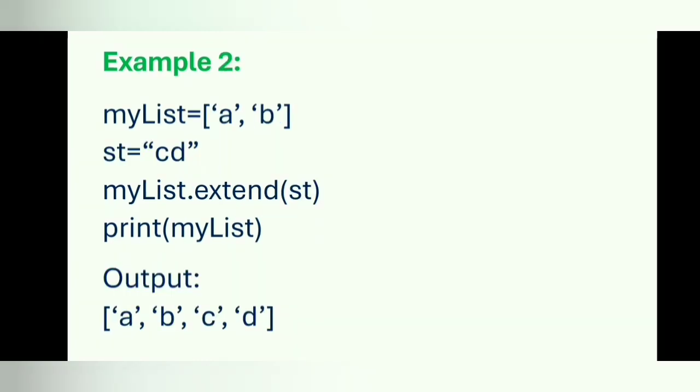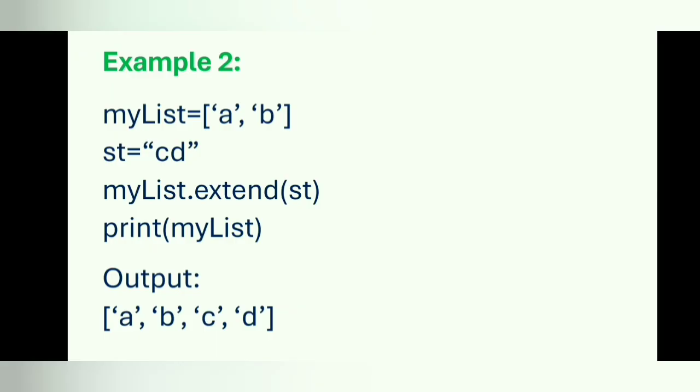Example 2. In this example, the first thing I did was create a new list with the two elements a and b and assign it to the variable mylist. In the next statement, the string value cd is assigned to the variable st. Next, we call the extend method with the string value cd as an argument.